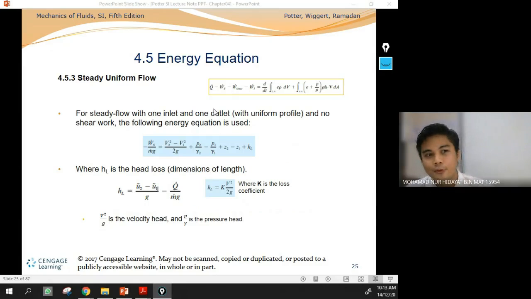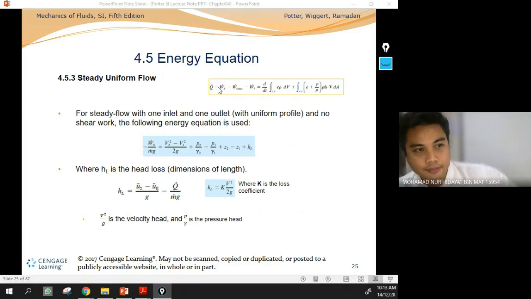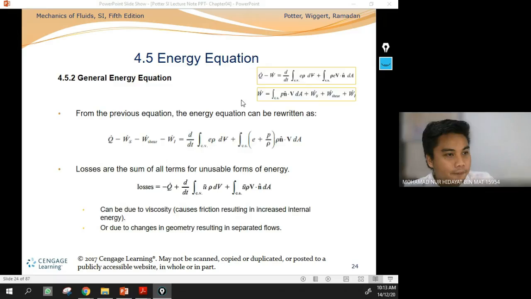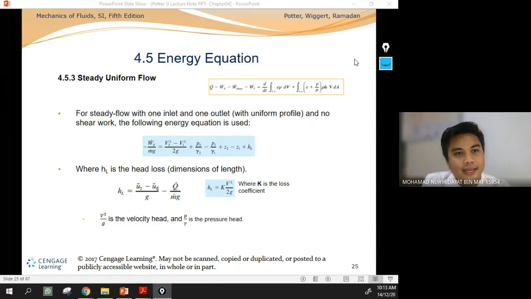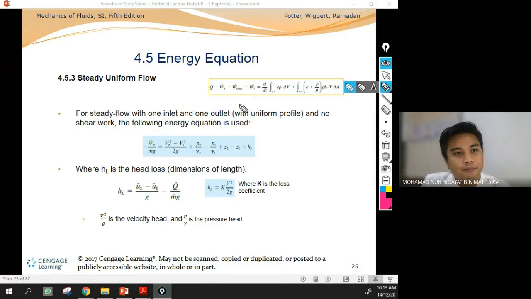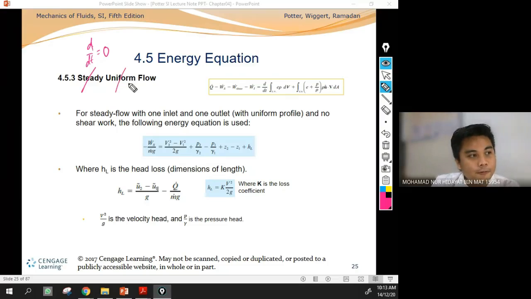So after we define this energy equation, in the case of steady uniform flow, what do we mean by steady? Steady means there is no change with time. Steady means d over dt is equal to 0. Uniform means the flow is considered as average velocity.